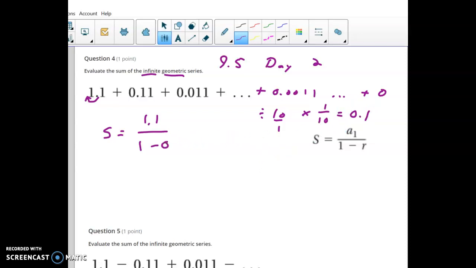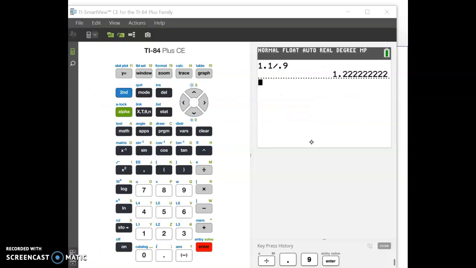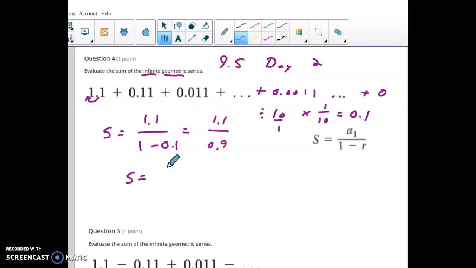Into my little formula, I'm going to write that. So I do 1.1 divided by 0.9, and that'll be my sum, which is kind of what you'd expect. The sum's going to be a little bit more than 1. Now we just type that in the calculator. It looks like it's about 1.2 repeating. So our sum here is 1.2 repeating.